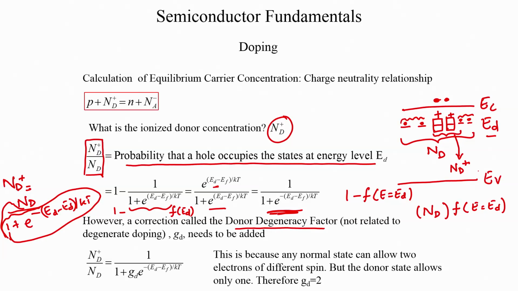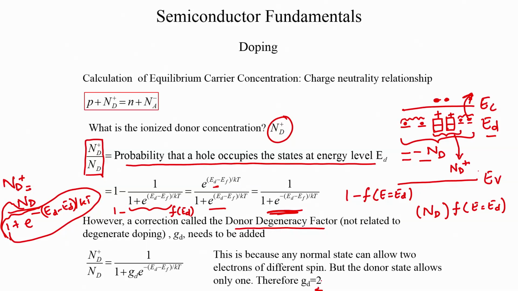And why do we need that correction factor? We need it because if I were to use this argument for any energy level, let us say there is some energy level located inside this energy gap because of some defect, 2 electrons could have occupied that energy level, plus half spin and minus half spin. But since this is a donor and the donor allowed only 1 electron occupancy, and it gave up that 1 electron, we have to have a correction factor of 2.